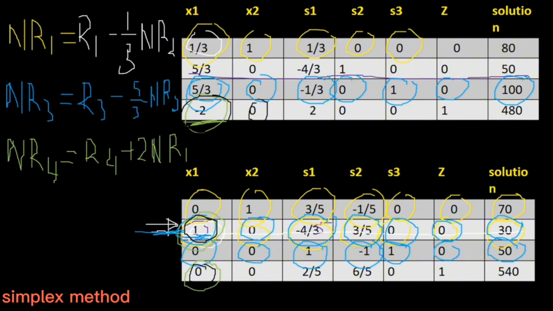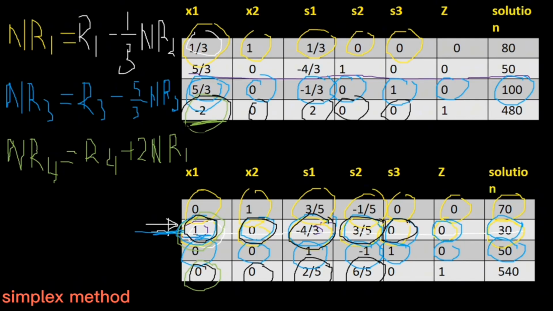0 plus 2 times 0. We have 0. 2 plus 2 times negative 4/5. You have 2/5. 0 plus 2 times 3/5. We have 6/5. 0 plus 2 times 0.